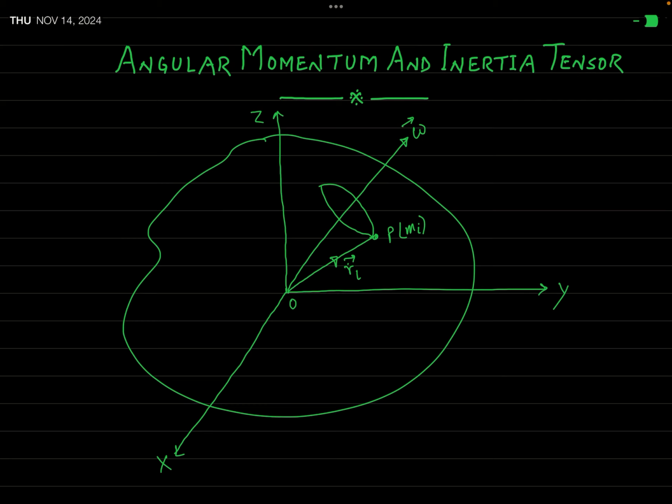Because the idea of inertia tensor just comes out as a byproduct of the expression for angular momentum of a rigid body.